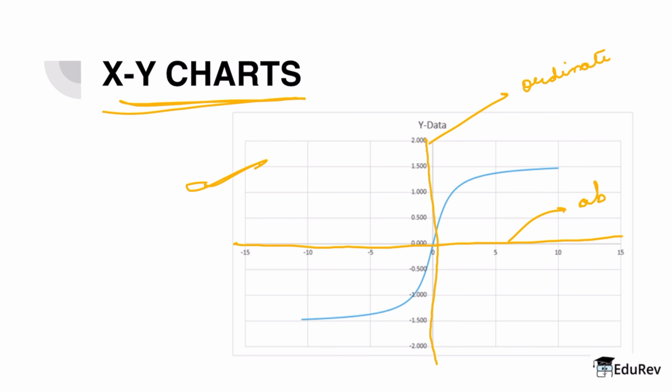If I come from the far left-hand side towards 0, that means I am approaching from minus infinity towards 0. This is 0. When I go towards the right-hand side, I'm approaching positive infinity.